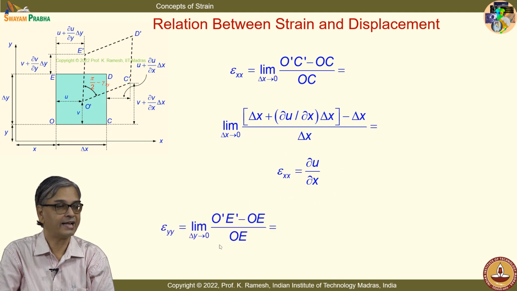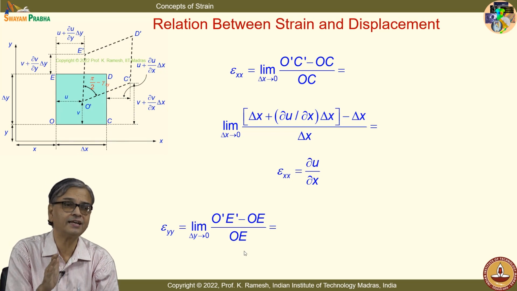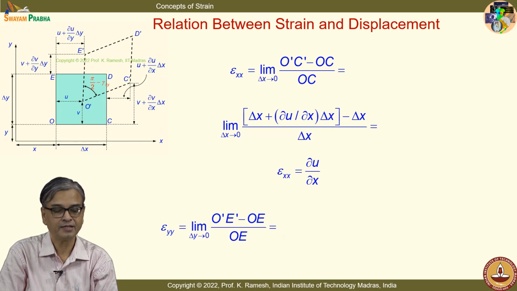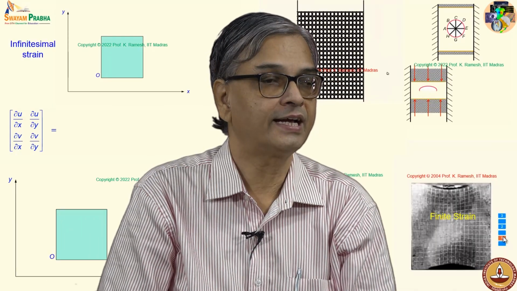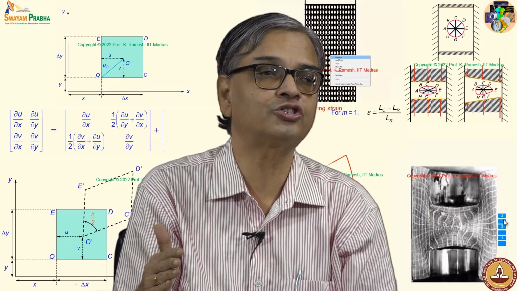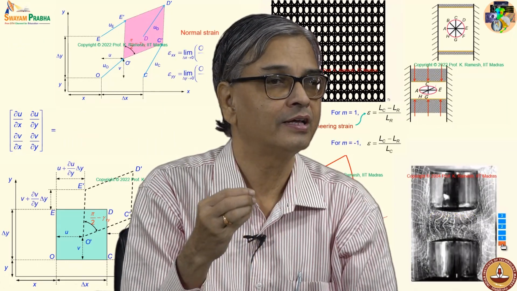Similarly, I get an expression for epsilon yy, O prime E prime minus OE divided by OE. Change in length divided by the original length is the simplest definition of strain. When I substitute the quantities, this reduces to dou v by dou y. Is the idea clear? I can extend the same approach to get a mathematical expression for shear strain.